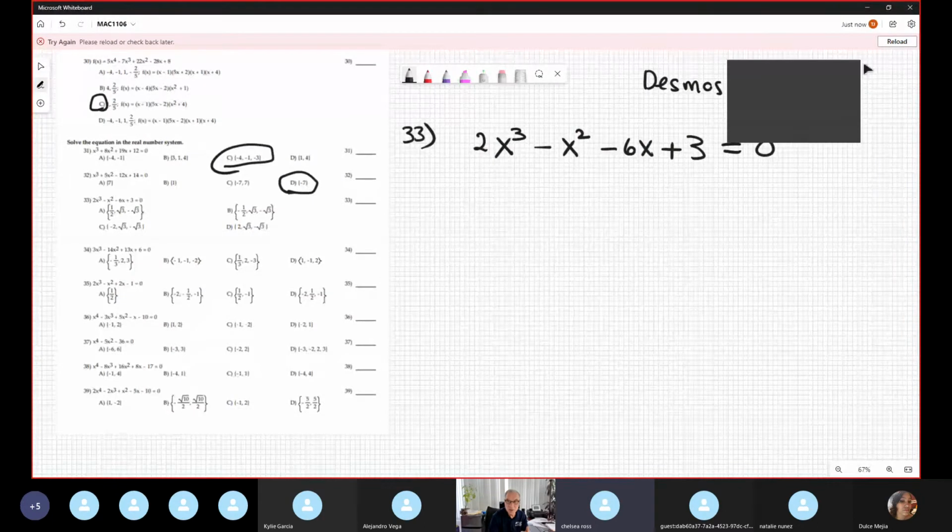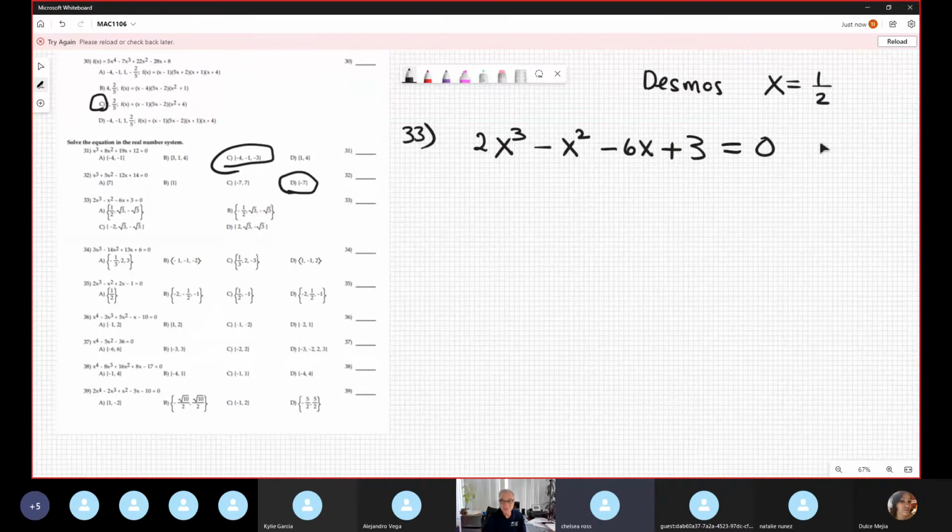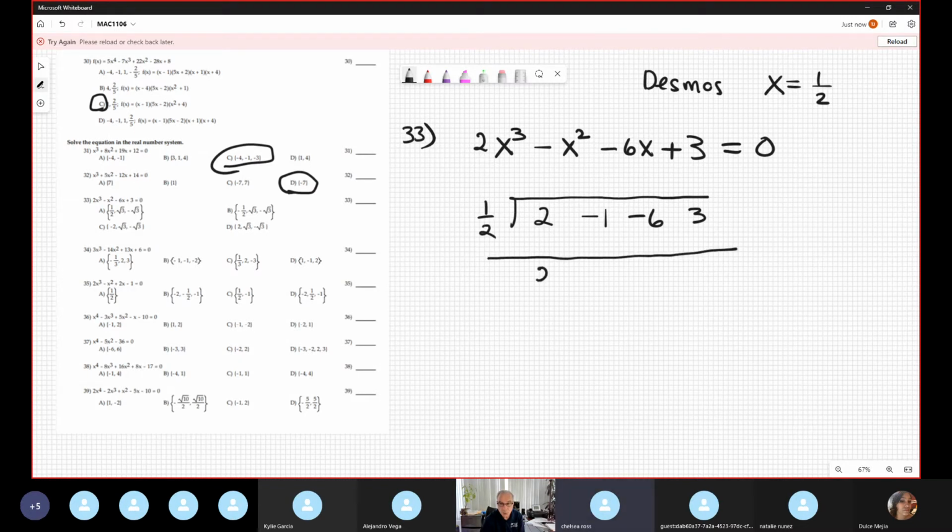Cool. At least you are doing synthetic division using one half. So it's 2, -1, -6, and 3, and you put 1/2 here. Bring down 2. 2 times 1/2 is 1. -1 plus 1 is 0. And 0 times half is 0. Then -6, and -6 times half is -3.